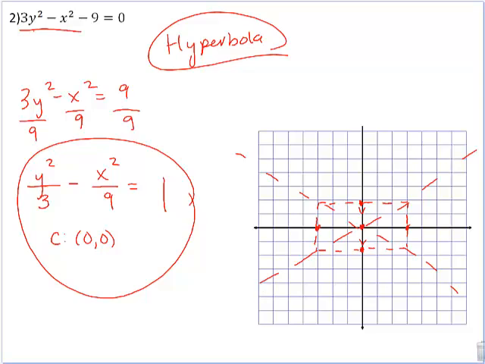This is opening up and down. We just have to pay attention to the first variable. So if the y comes first, we'd be opening in the y direction. If this were in reversed order, we'd open in the x. So start at the vertex and go towards the asymptote. You should always be getting closer and closer to the asymptote, never crossing it, never touching it. So there's our hyperbola.